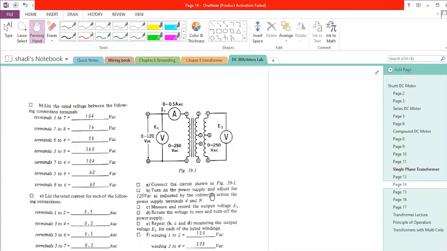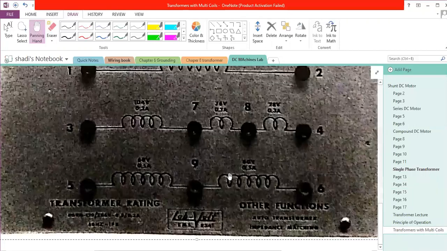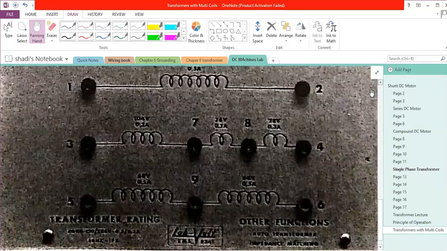Now, to solve any problem with this type of transformer, we need to identify where the primary is. I will go back here. Where is the primary? Where is the secondary? Because you cannot use all the windings all together. Now let's assume, and in most cases, terminal 1 and 2 will be the primary, and let's assume terminal 5 and 6 will be the secondary, okay?